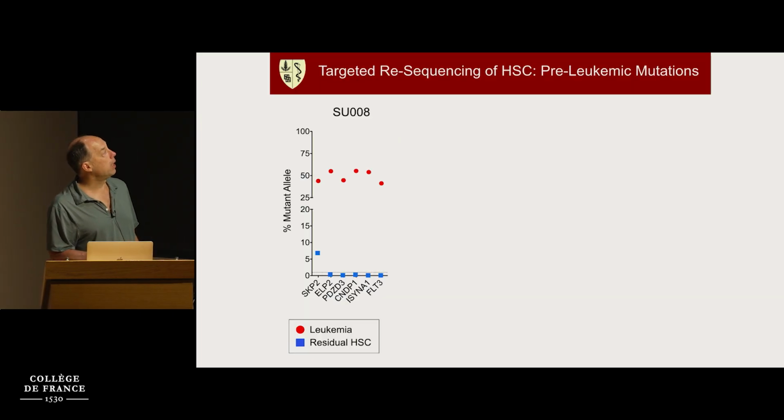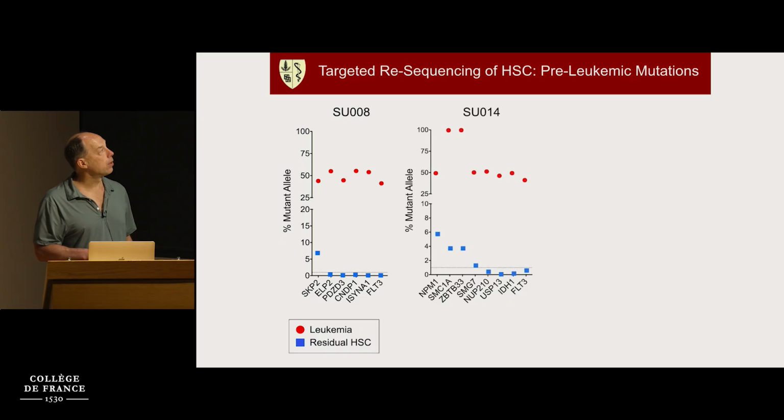This now is the bulk data. If you sequence the tumor in bulk, these are mutations that came up and were single mutations that are heterozygous, so 50% there. So evenly at 50% across all these mutations in the tumor itself. In the normal cells, you could see some of the mutations were there, but at a very low fraction.